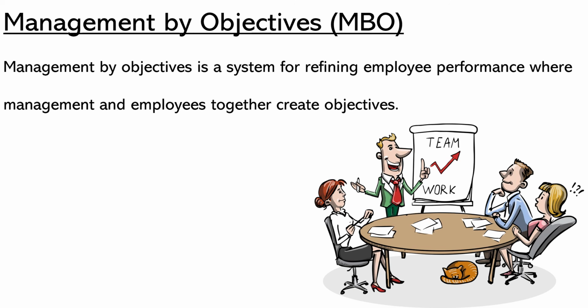When management and employees define the objectives together, employees know what roles and responsibilities they have, and what actions or tasks they have to perform in an organization. That is management by objective.